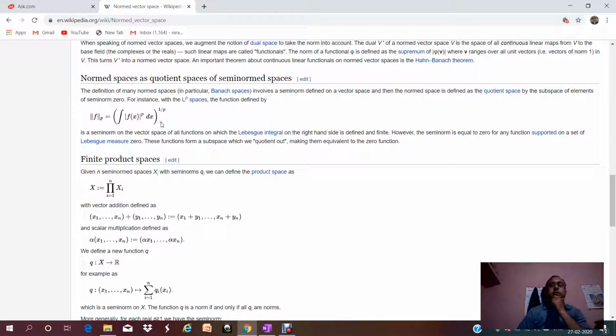So this is the norm defined on any function. LP spaces are very important, and you have to remember how the norm is defined.